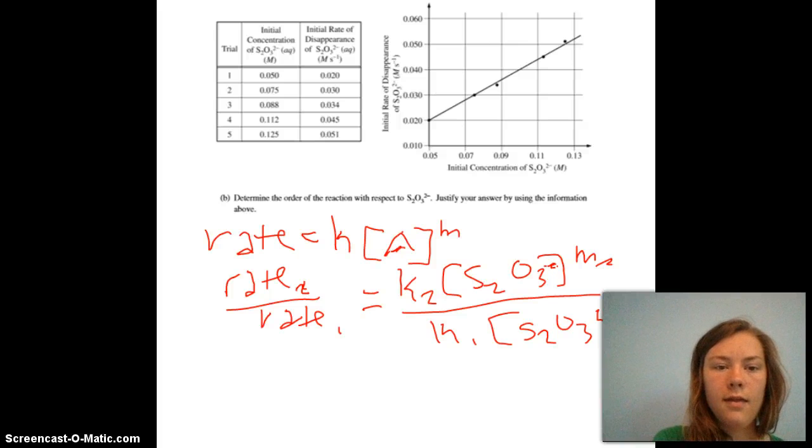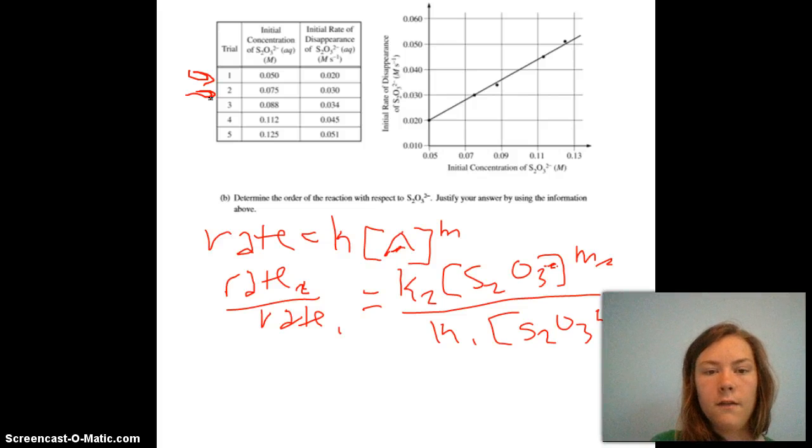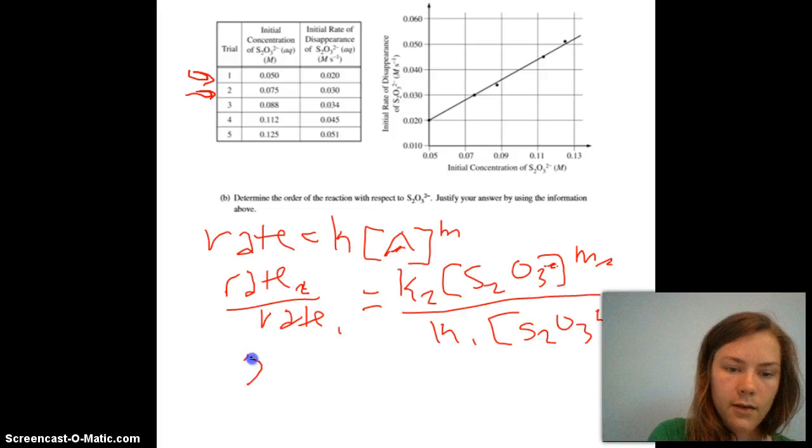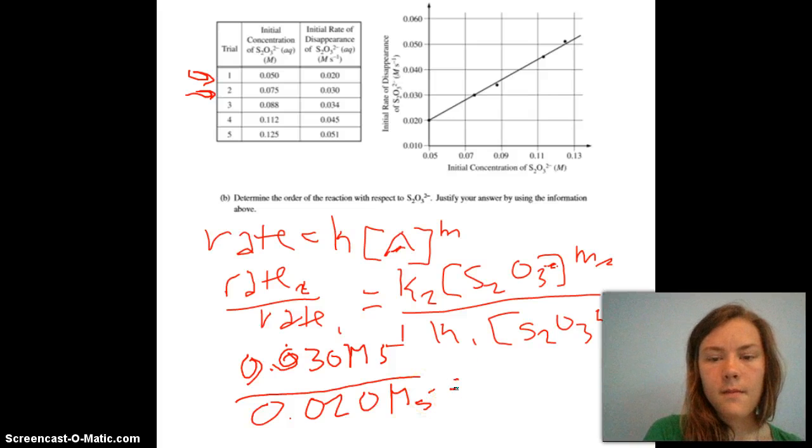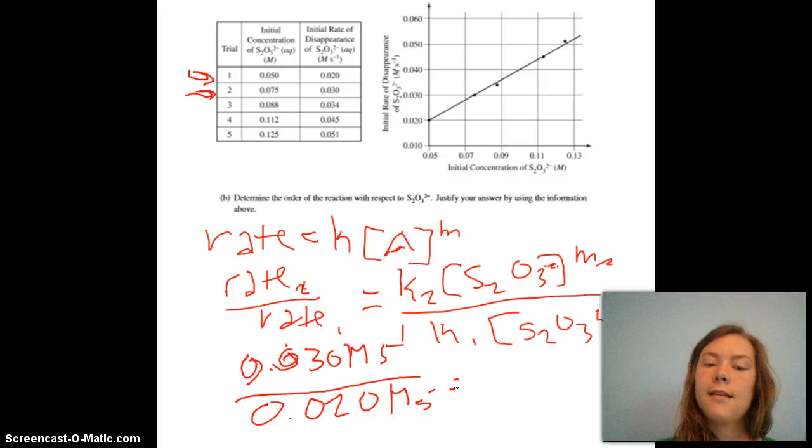So looking at the data in trial 1 and trial 2, we are going to take the initial rate of the second one, so 0.030, all over 0.020, and then that equals, the rate constant is a constant, so we don't really need to worry about that right now, and that would end up canceling out.